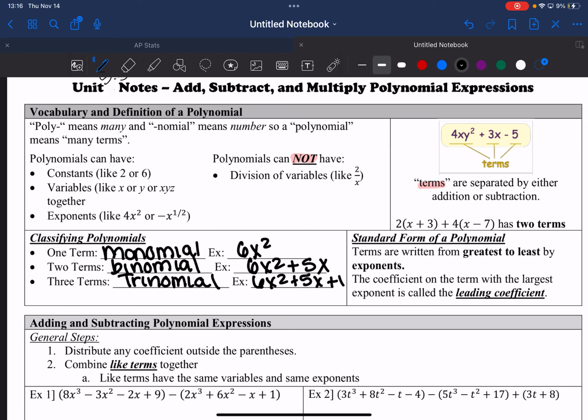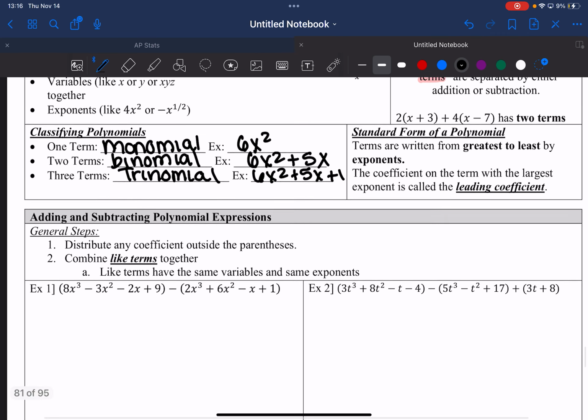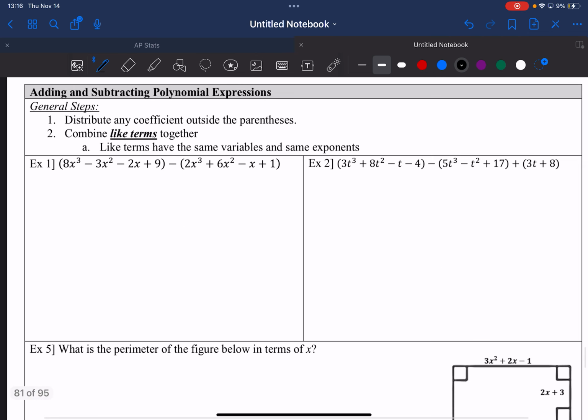Okay, 3 terms. We know that our polynomials are in standard form if the exponents go from greatest to least. So we always start with the greatest exponent. So let's look at the steps for adding and subtracting polynomials.